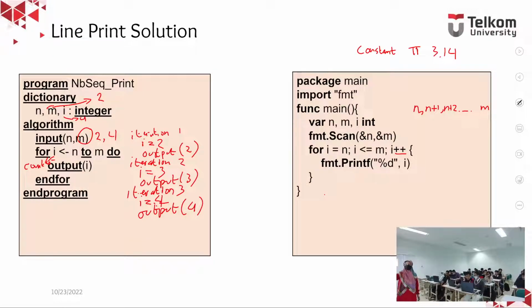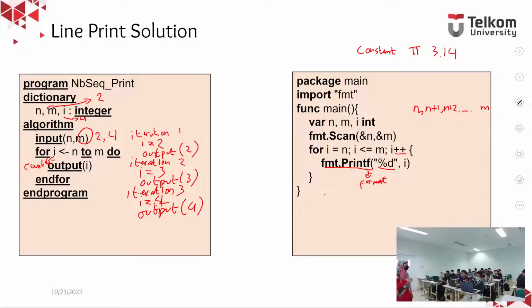And this is to print to the screen. You can use Printf. Anyone know? This is actually to denote some format.